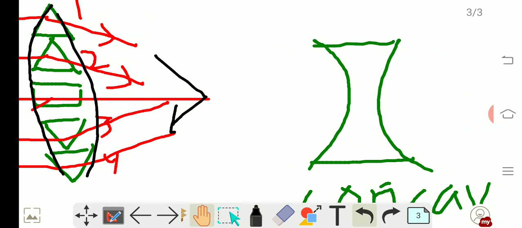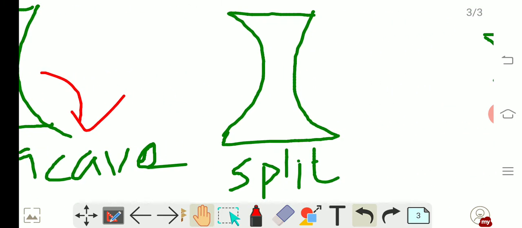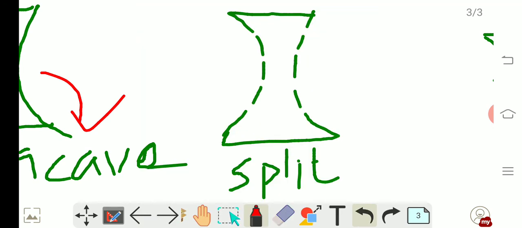Let's understand the concave lens. This one is a concave lens. Let's split the concave lens. If we split it, it looks like this. Now see here, let's join it with the next color.